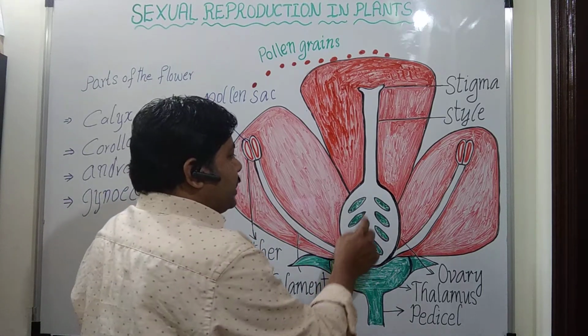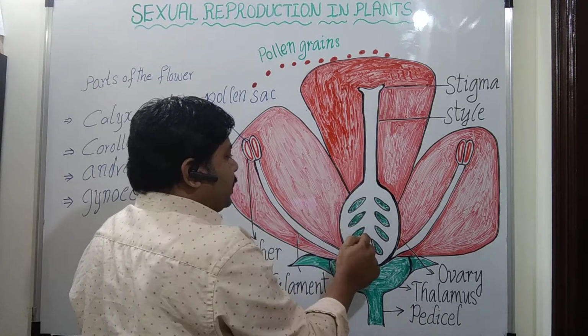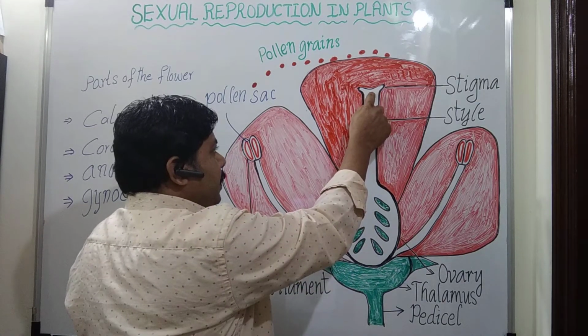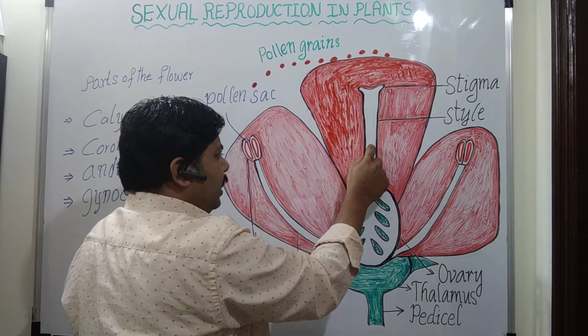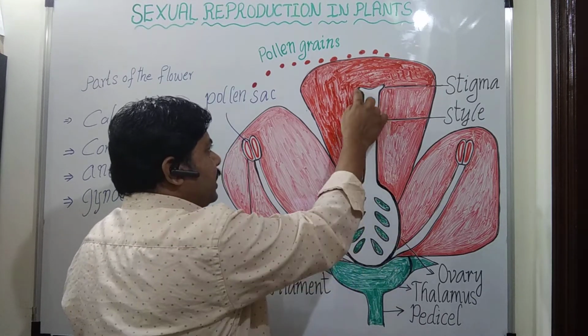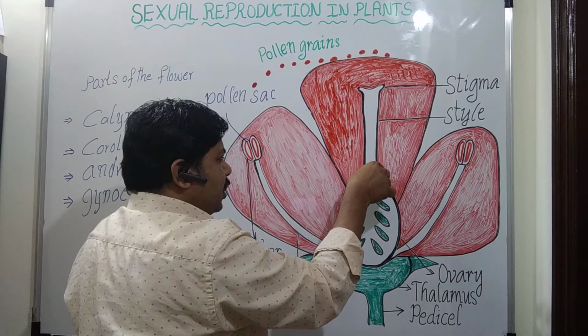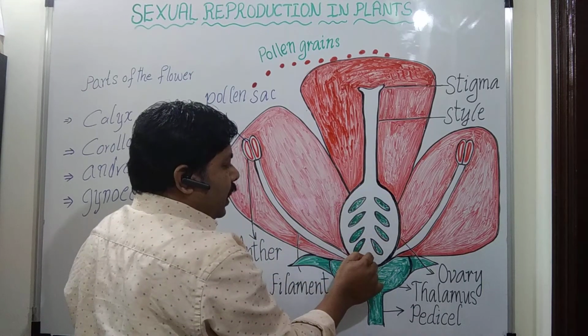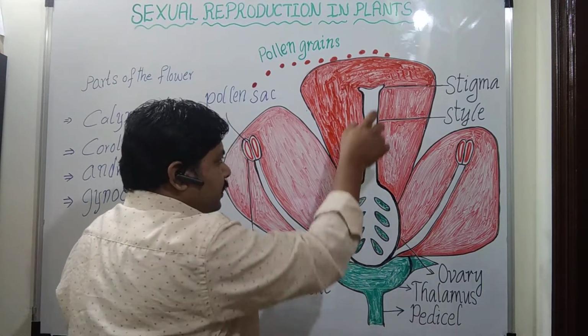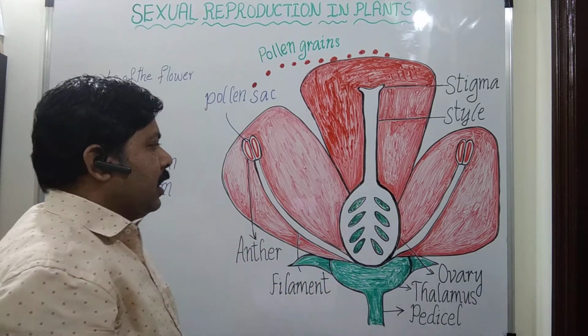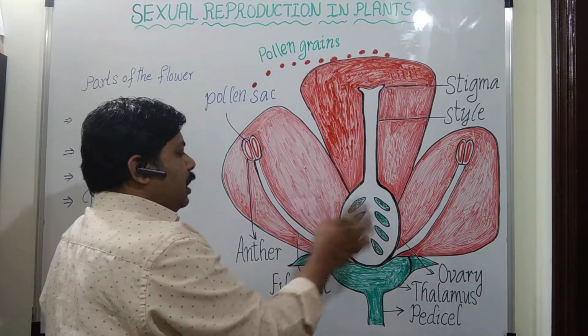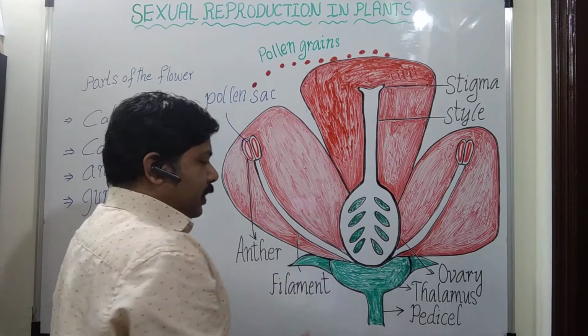The gynoecium may be divided into 3 parts: stigma, style and ovary. Stigma is a platform-like structure. The tube-like structure is called the style, and here is the ovary. These 3 parts are present in the gynoecium. This is the structure of a flower.